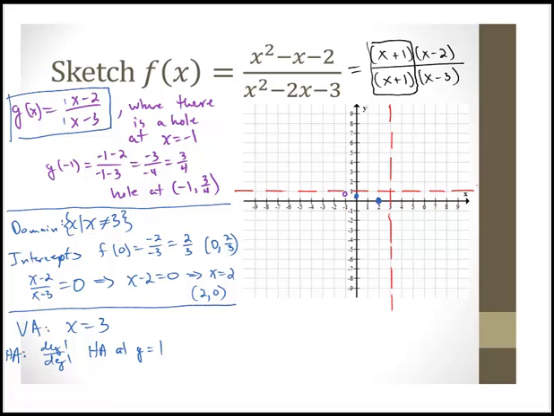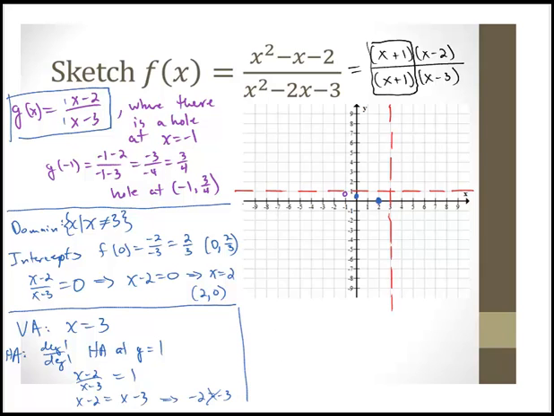Will the curve ever cross the horizontal asymptote? Can x minus 2 over x minus 3 equal 1? Multiplying through by x minus 3, we get x minus 2 equals x minus 3. Subtracting the x, we get negative 2 equals negative 3, which is a contradiction. So it does not cross.